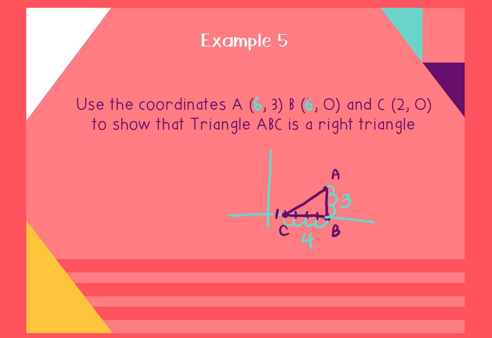And then AC, obviously we cannot count that way, so we're going to find the length of AC using the distance formula. Square root of A and C. So 2 minus 6 squared plus 0 minus 3 squared. 16 plus 9, square root 25, which is 5.